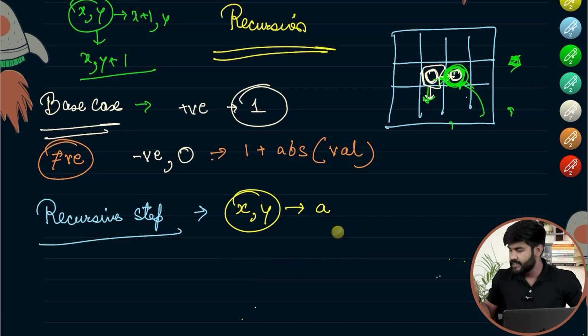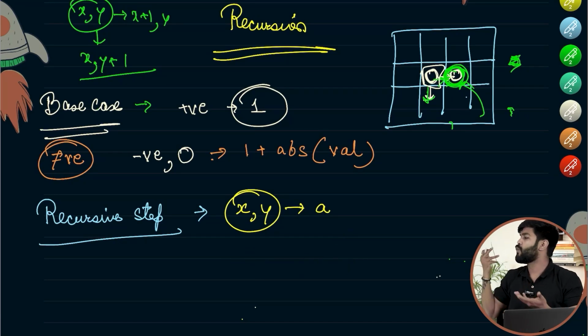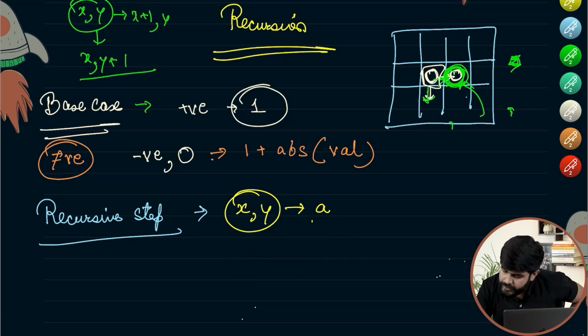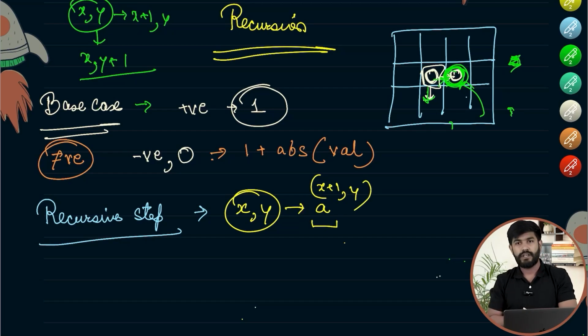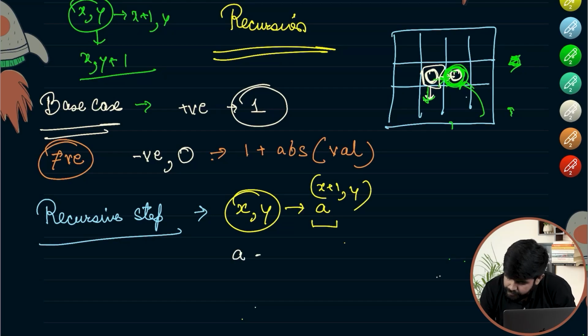So let's say I asked that if I go from the right hand side, what is the health required? He told me a health is required if I go from the right hand side, that is x plus 1 comma y, if I start from x plus 1 comma y. So currently I have a health of something. So I would say whatever the value you have minus the current, that is the value of what is current?